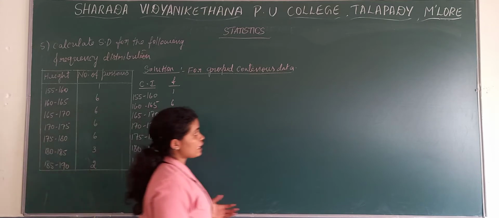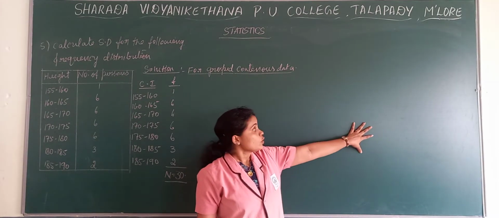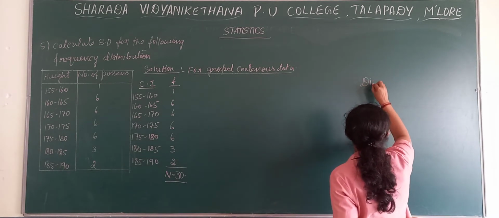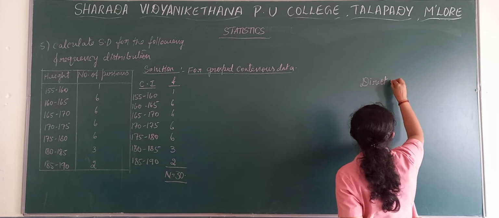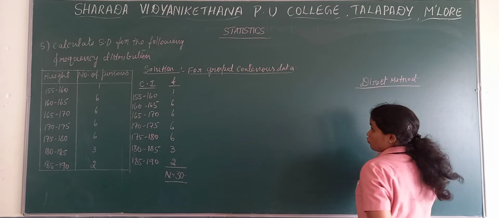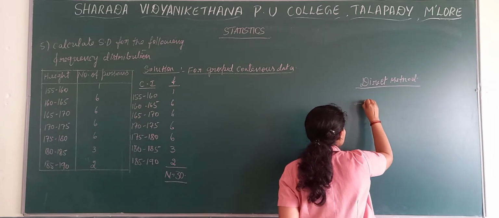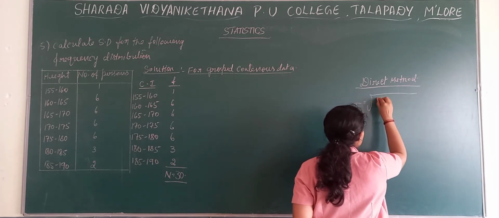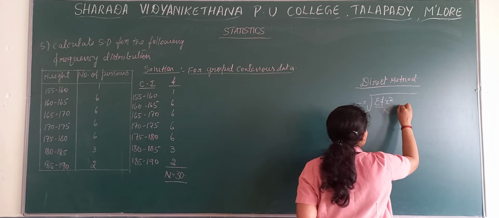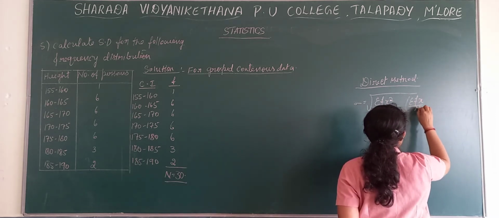As I said, there are two methods, one is direct and the other is the deviation method. Firstly we will see the direct method. For a continuous series, the direct method formula is similar to the discrete formula, that is sigma fx square by n minus sigma fx by n whole square.